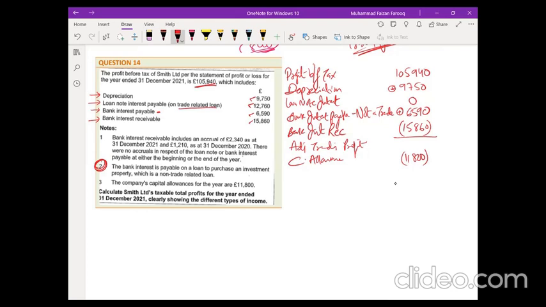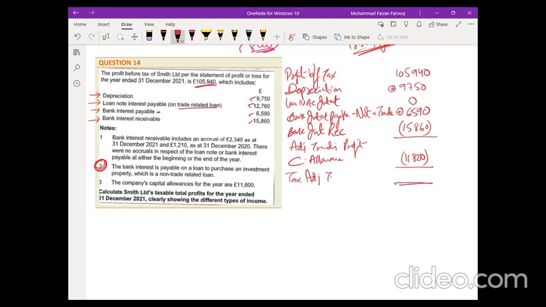We are doing trading income first. After, we will go to TTP, and we will consider note 1. This is not considerable when we are calculating trading income. That's why we are doing this question, so that in the exam, when we have other incomes and trading, we know how to solve it.